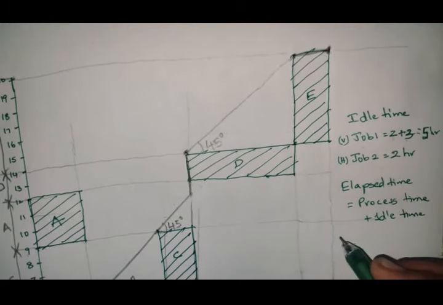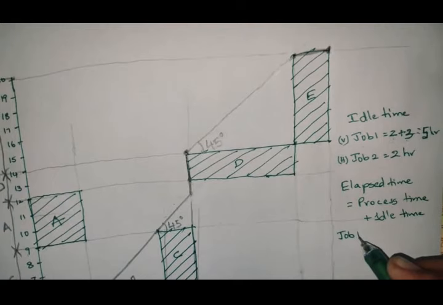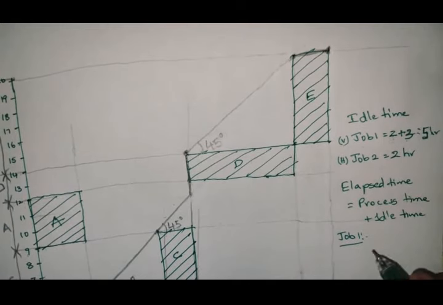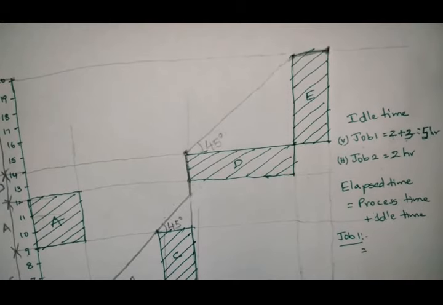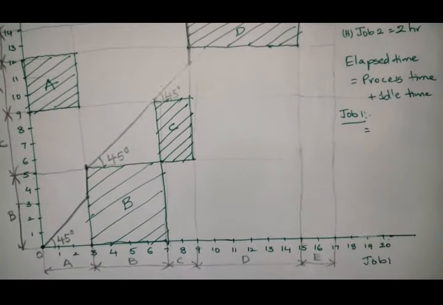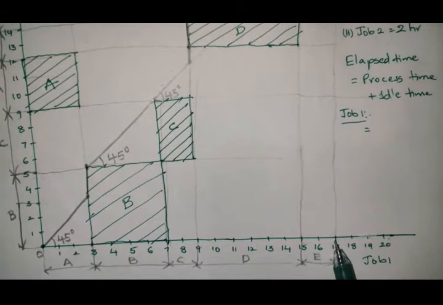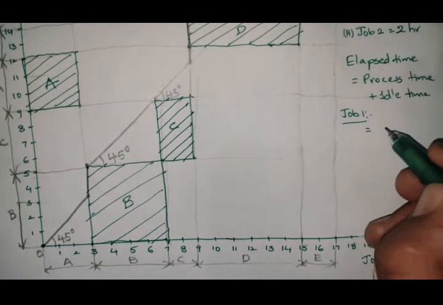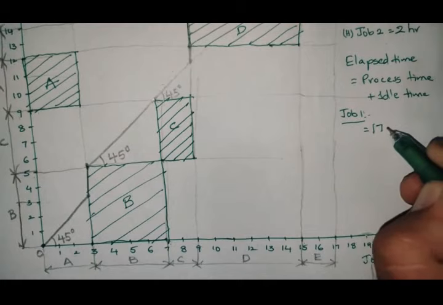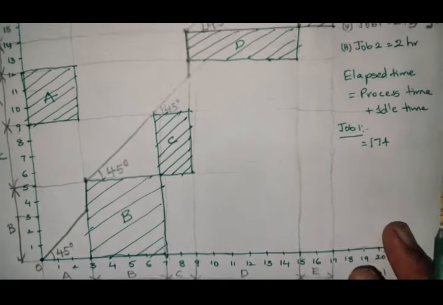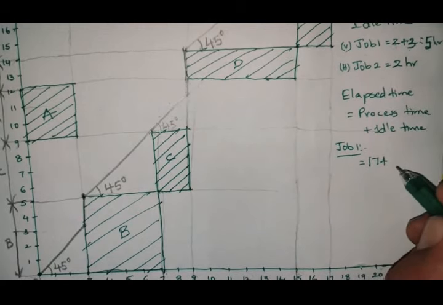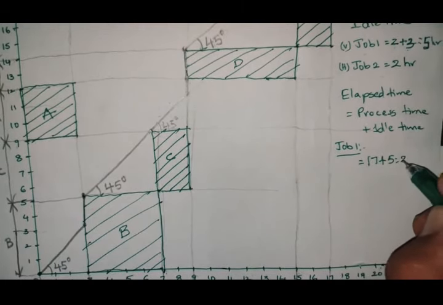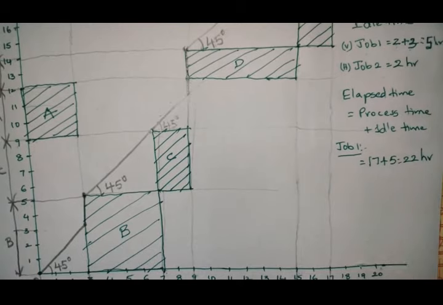Let us find it for job 1. What is the process time? For job 1 it takes 17 hours to complete all the jobs. So 17, plus what is the idle time of job 1? The idle time is 5 hours. So 17 plus 5, totally 22 hours.